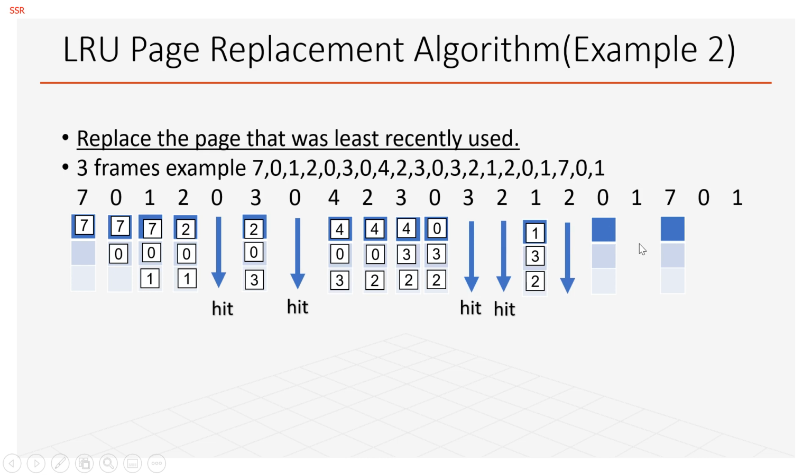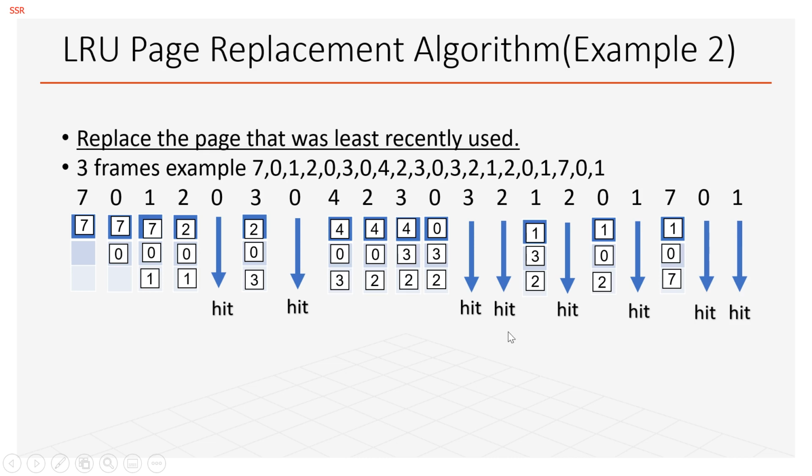Then for 0, 2 remains as it is, 1 remains as it is. Page number 3 will be replaced with page number 0. 1 is a hit. And then for page number 7, page number 1 remains as it is, page number 0 remains as it is, 2 will be replaced with page number 7. 0 is a hit, 1 is a hit.